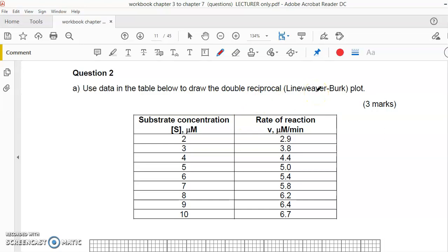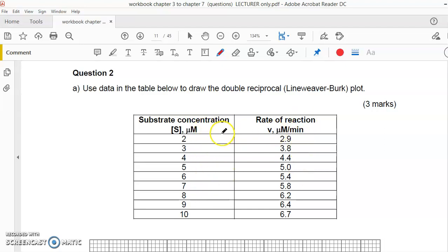By drawing a Lineweaver plot, we can determine the affinity of an enzyme towards substrate. So we can know the accurate substrate concentration and accurate rate of reaction. So based on the value given below, this is substrate concentration, this is rate of reaction.